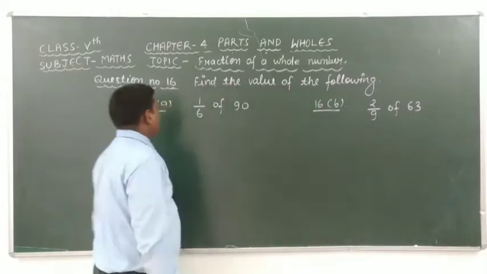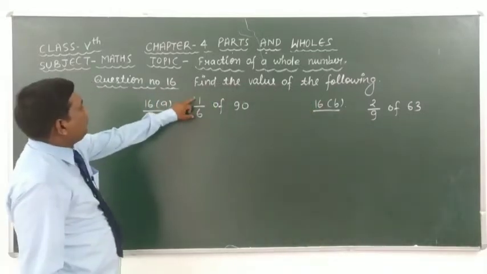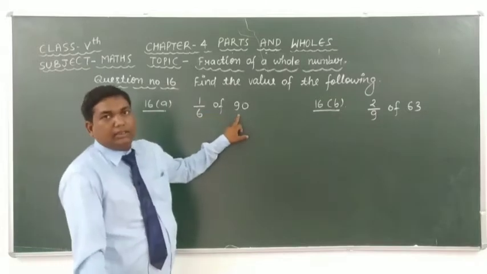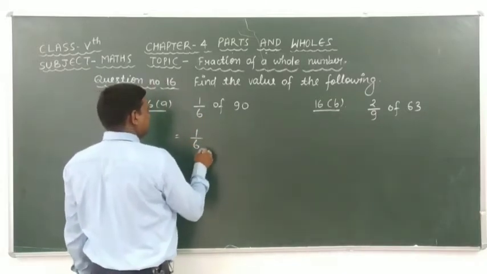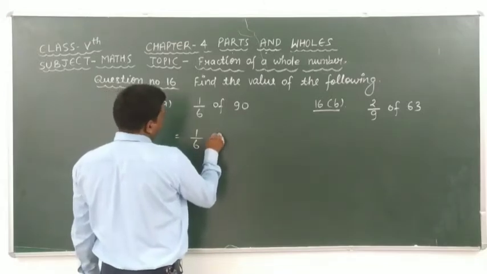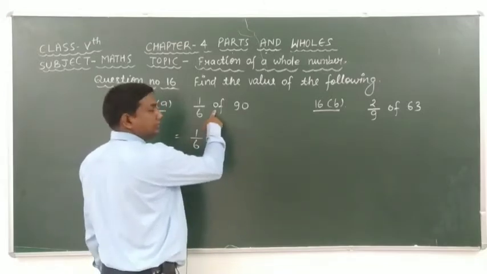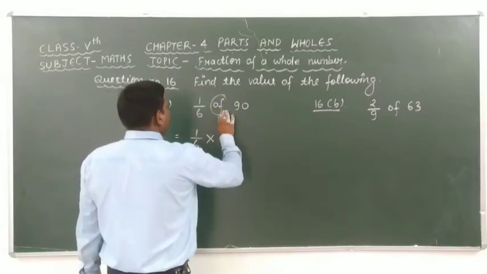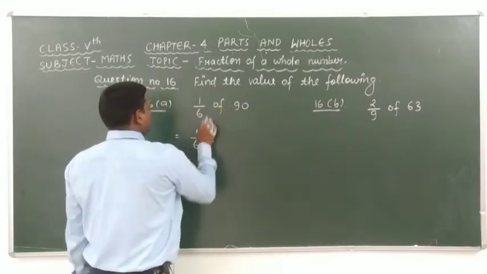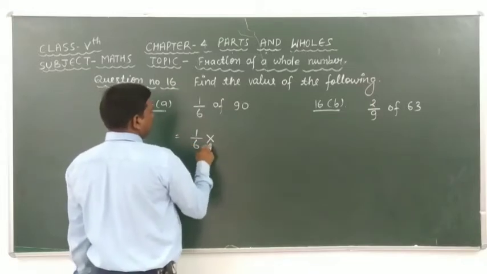Here given that 1/6 of 90. Dear students, here we have to take the multiplication sign in place of this. Then here we can write 1/6 multiplied by 90.